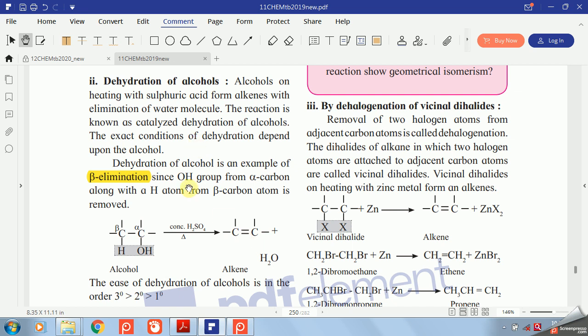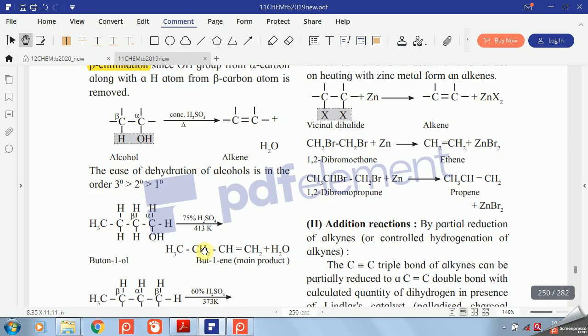Here concentrated H2SO4 is the dehydrating agent, and again if you observe the dehydration of alcohol, the order is tertiary alcohol is most reactive towards this reaction, then secondary. Secondary is more reactive than primary. So if you observe the next one, again your alcohol is primary alcohol, so OH from this alpha carbon and H from this beta carbon get removed.